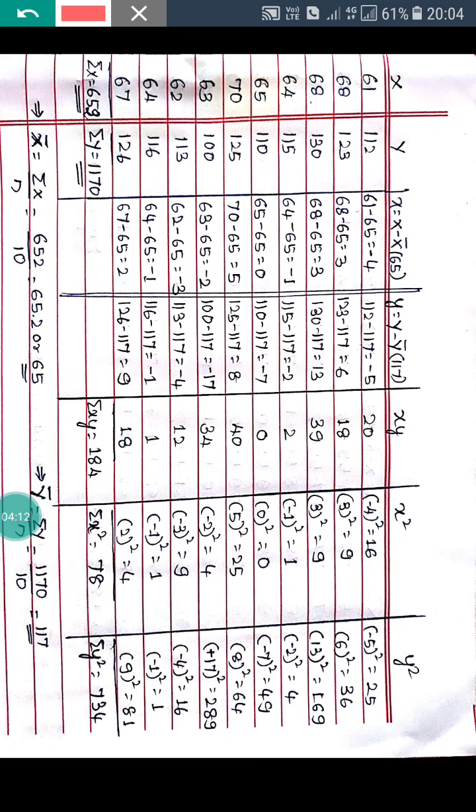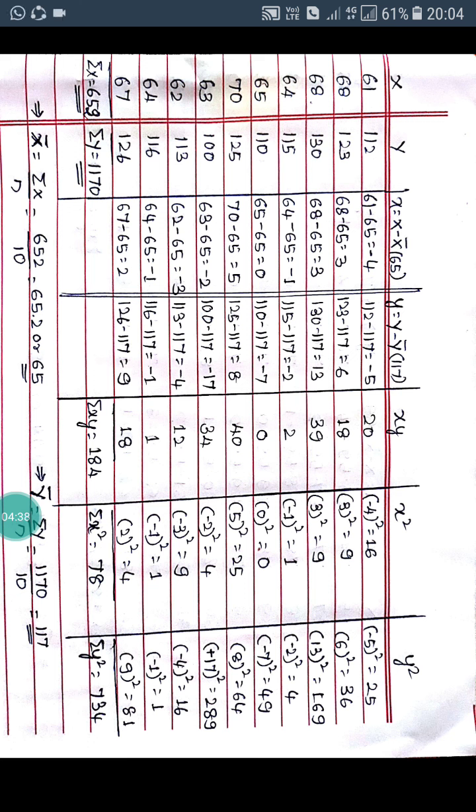After that we will move to the calculation of small x. Without x bar we cannot calculate small x. Without y bar we cannot calculate small y. Now one by one we will move for that. How to calculate small x? Small x equals x minus x bar.